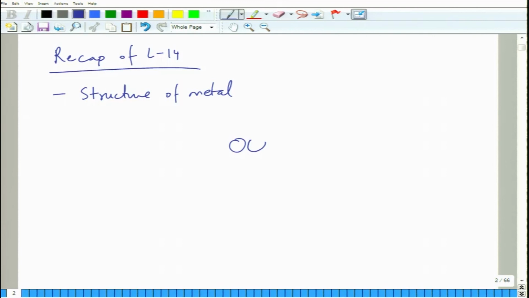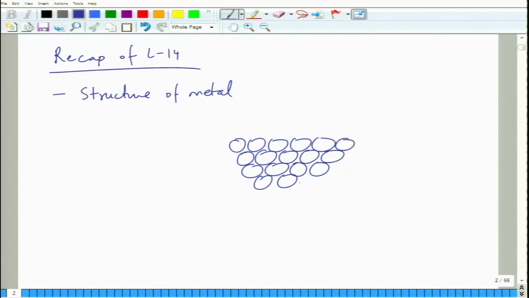Each layer is a hexagonal sort of layer in nature. If you have an array of atoms like this, then each layer underneath is like this, and you can keep extending it in two directions. This is how your first layer is going to be.